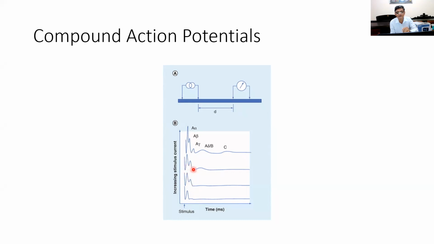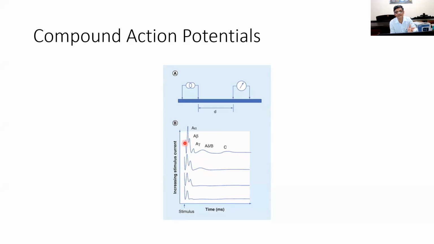Third step, you stimulate even bigger, say 6 millivolts. What happens? Most of the A alpha fibers are stimulated, A beta fibers also, and some other fibers start getting stimulated.